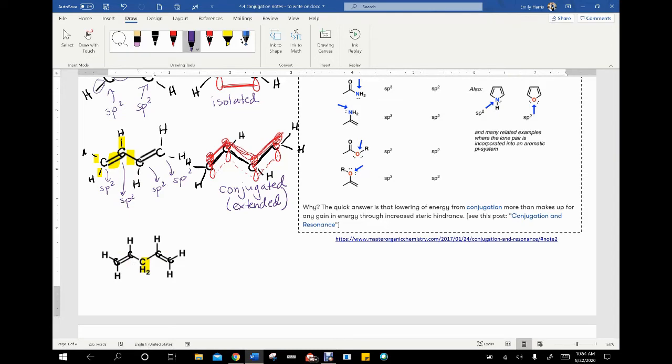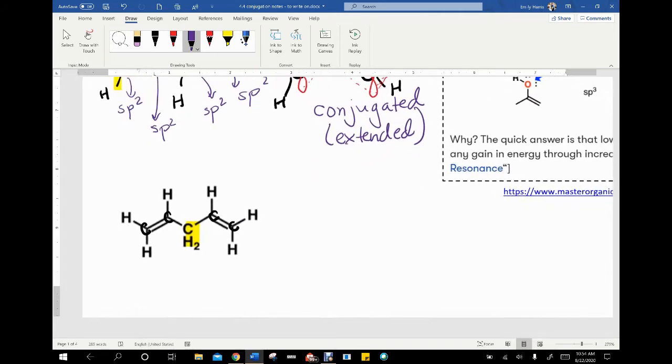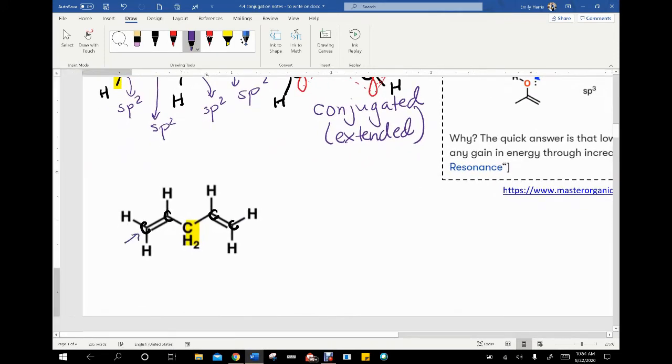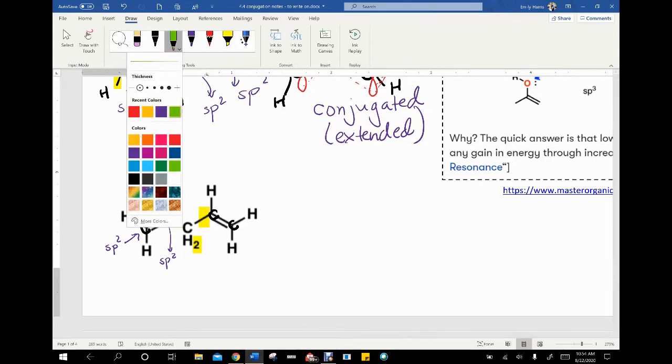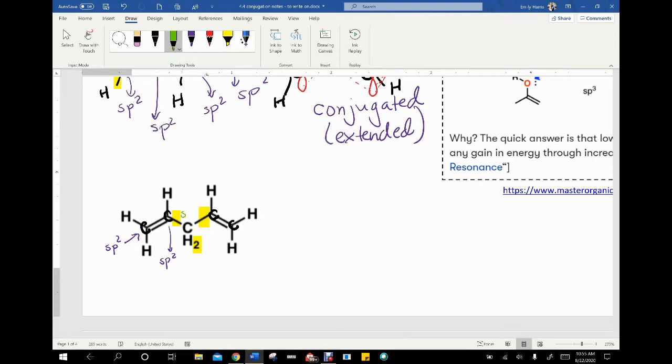So now let's go through and assign hybridization to each carbon. This carbon on the left is sp2 hybridized. The carbon second to left is sp2 as well. Now, let's take a look at this middle carbon. If you notice, this middle carbon is bonded to 2 hydrogens, and is single bonded to 2 other carbons. So if it has 4 bonds, that is 4 electron regions, which means that its hybridization is sp3.